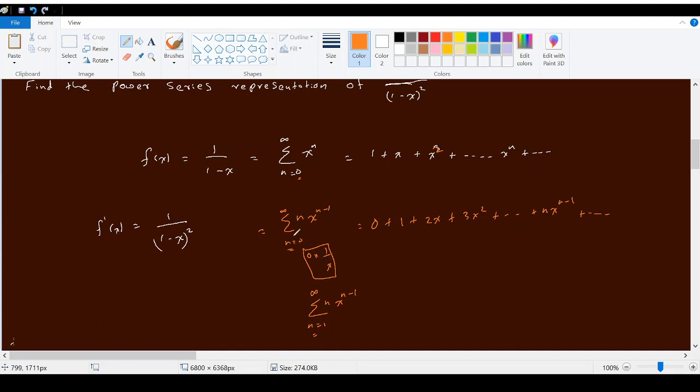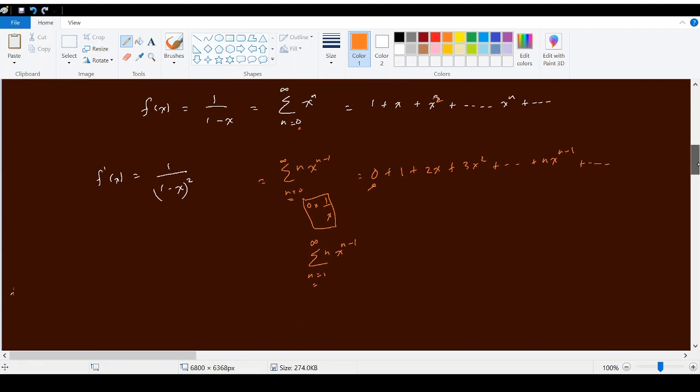So here what happened was we just excluded the term associated with the starting index, because it's 0, right? So adding 0 does not make any difference to the sum, right? So that's why we started at 1, okay?